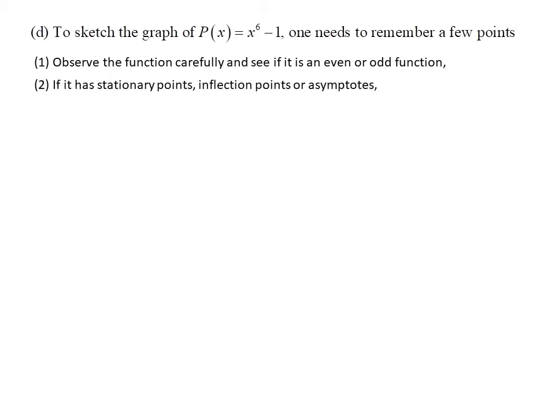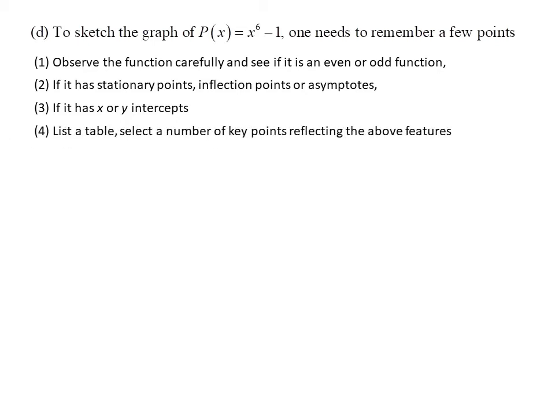Second, check if there are any stationary points, inflection points, or even asymptotes. Number 3, work out the x and y intercepts if it has any. Number 4, build a table of x and y values containing a number of important data points that will show the features of the function.